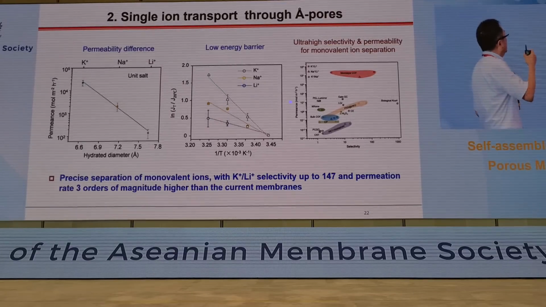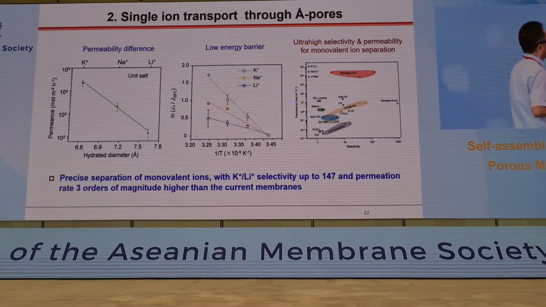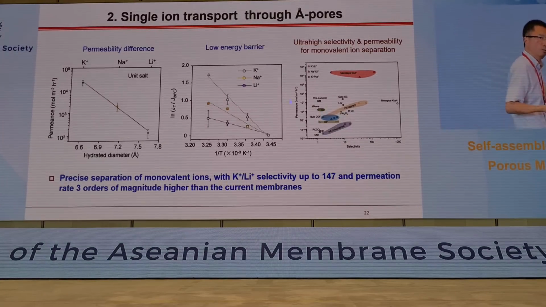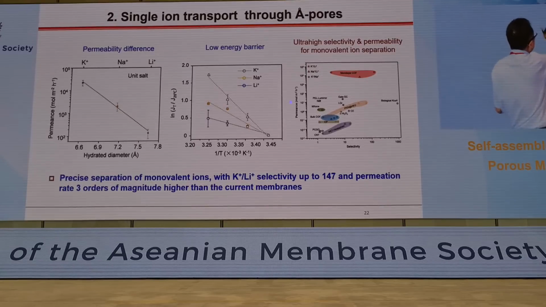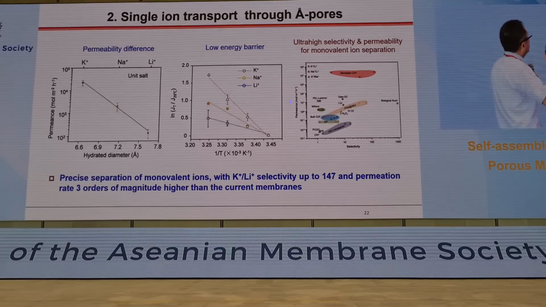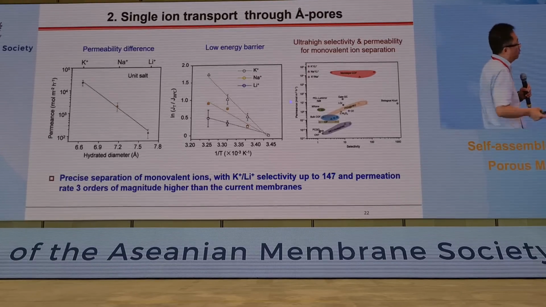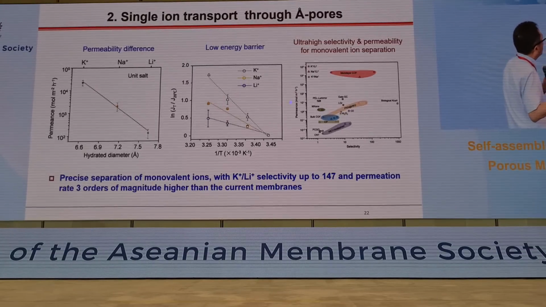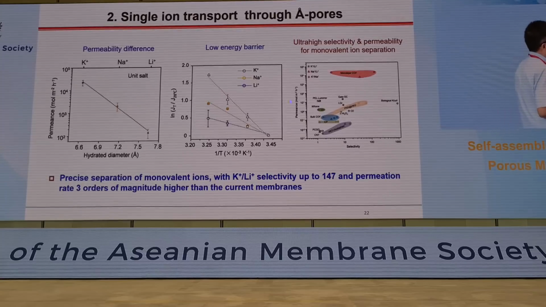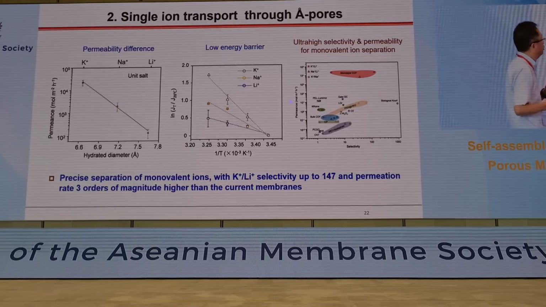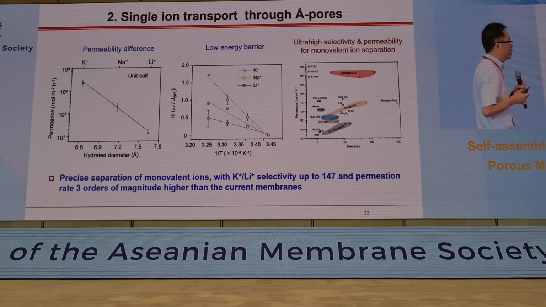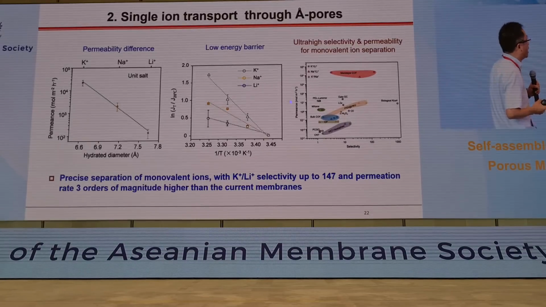Firstly, we found a significant difference in the permeability of three types of monovalent ions, including potassium, sodium, and lithium. We also can follow the order of potassium larger than sodium, larger than lithium. To be specific, for potassium we found a very low transmembrane barrier.